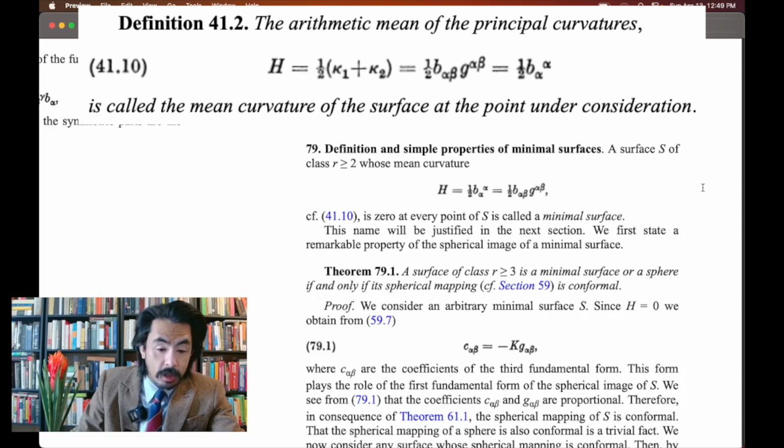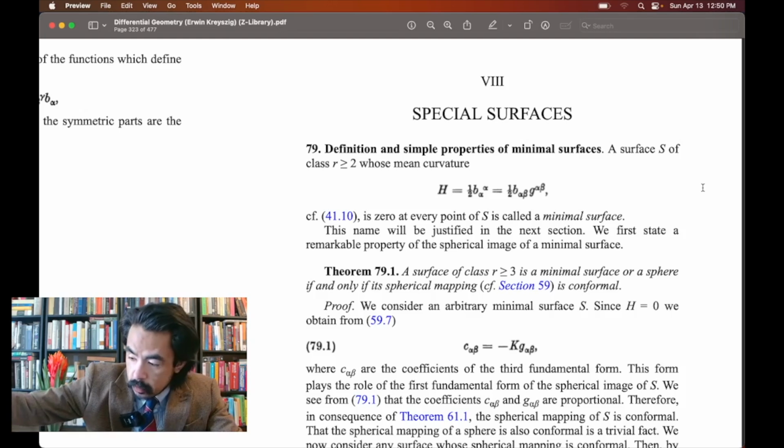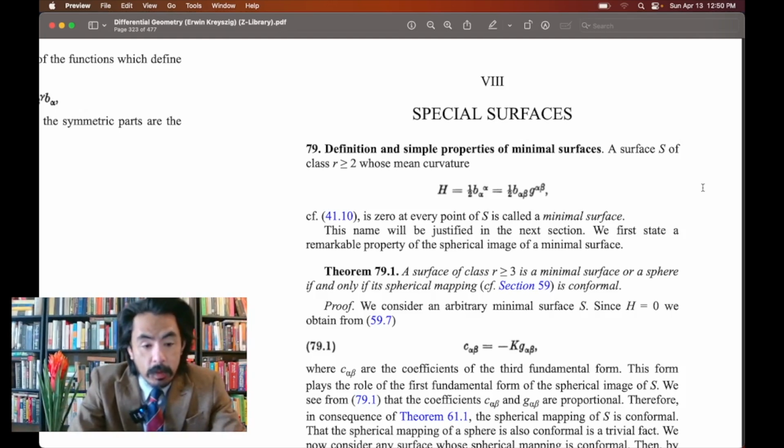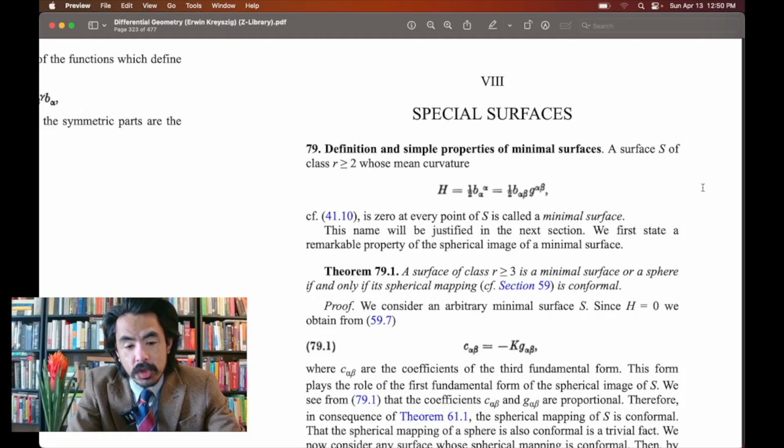But there's also another term, which is capital H equals 1/2 times quantity kappa sub 1 plus kappa sub 2 closed quantity, where those kappas are principal curvatures. So just more definitions of the mean curvature, but everywhere where this mean curvature is 0, that is at every point of the surface capital S, that is called a minimal surface.